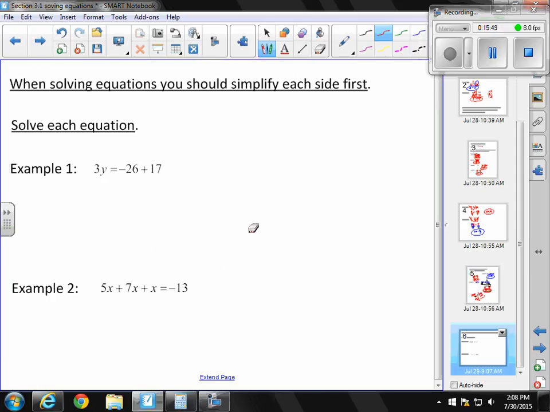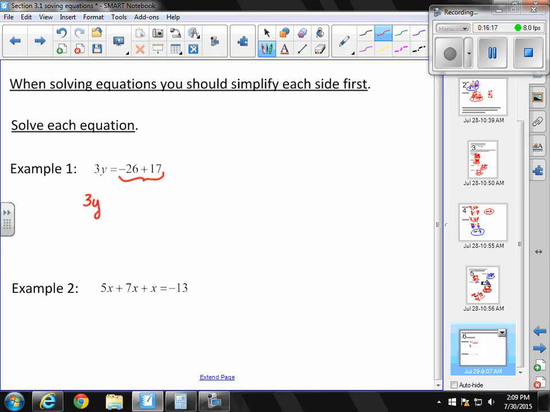When you're solving equations, you should always simplify each side first. In other words, if there are like terms on one side of the equation, you want to combine those like terms first. In example number 1, 3y equals -26 plus 17. -26 plus 17, those are both strictly numeric. I can add those two numbers together.